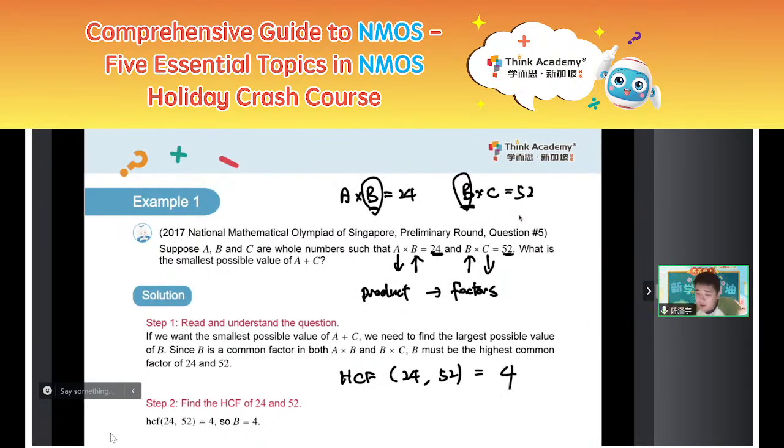So if we want B as large as possible, we want B to be the HCF. Take B as 4, and naturally A is 6 and C will be 13. So the smallest possible value of A plus C is 6 plus 13.